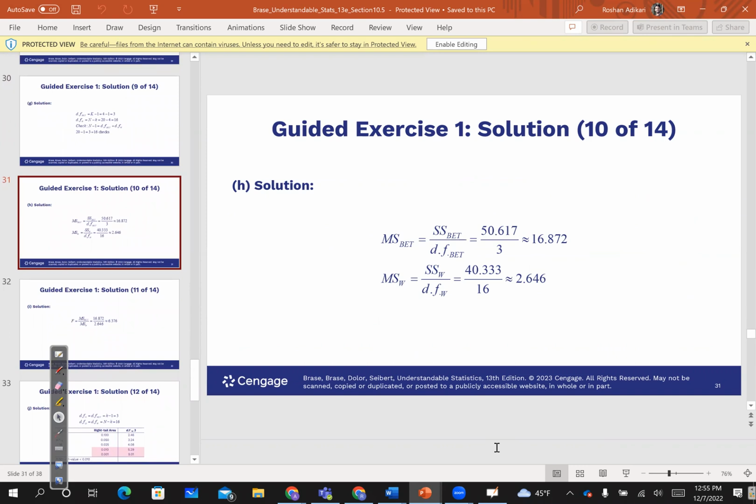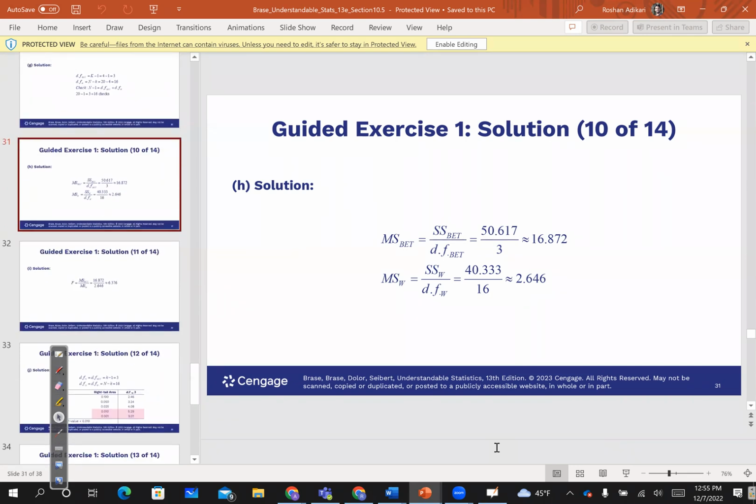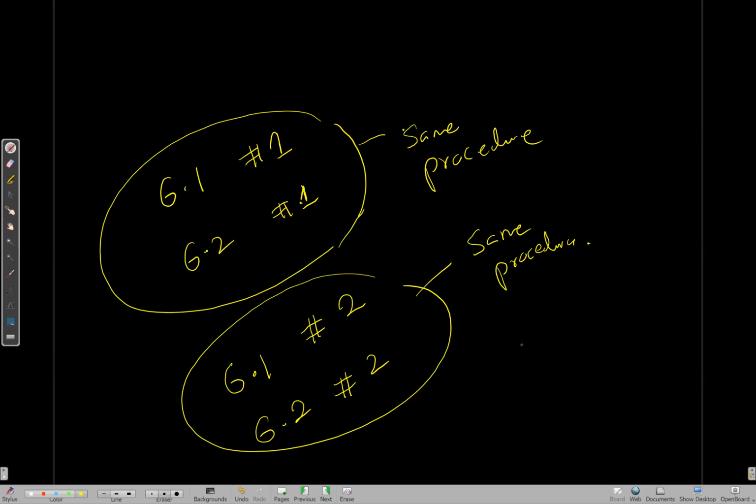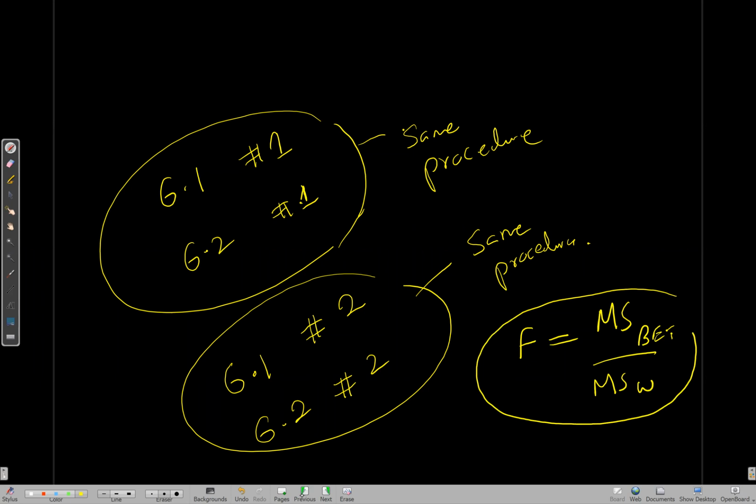Mean square between and within. So you'll have to do this. You will have to come to this point, and so F, now see, this is the difference. MS, mean of squares between, and MS within.